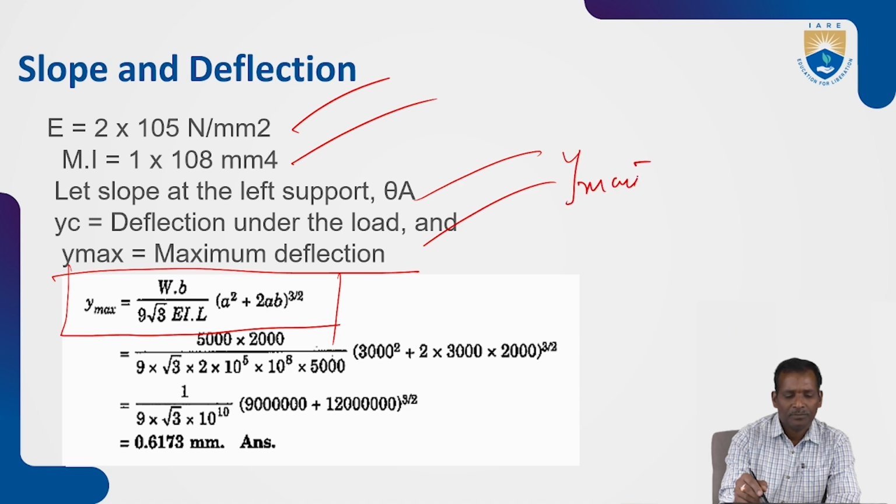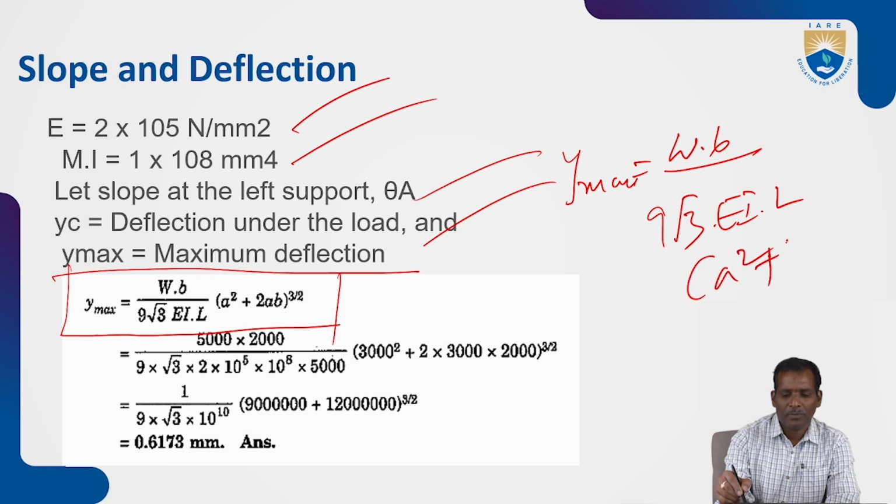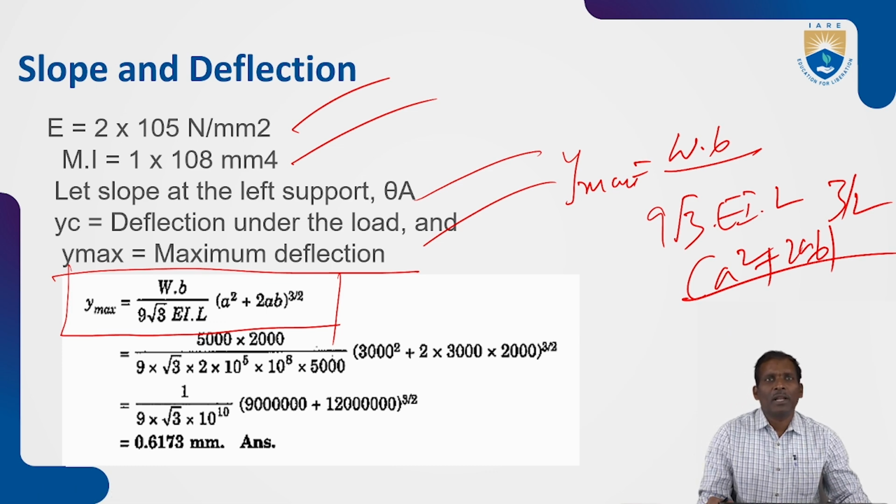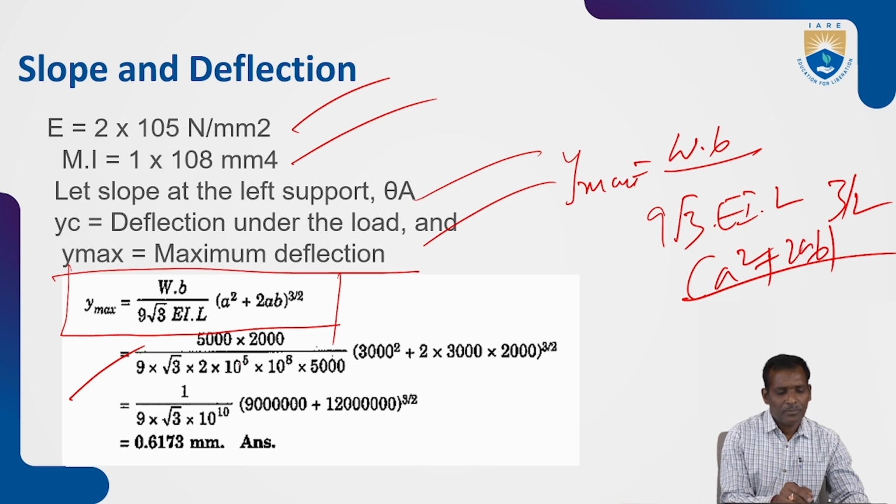Y max is W into B by 9√3 into EI into L into (L square minus B square) to the power of 3 by 2. So now substitute all values, W, A and B and EI and L, and you will get Y maximum.